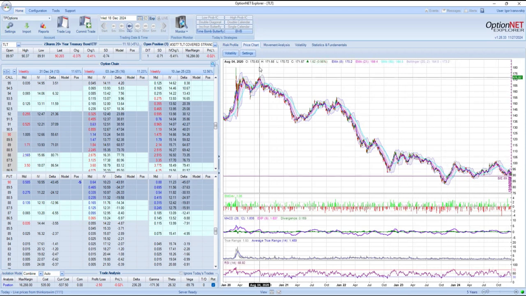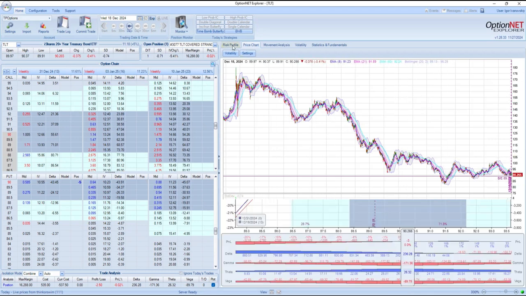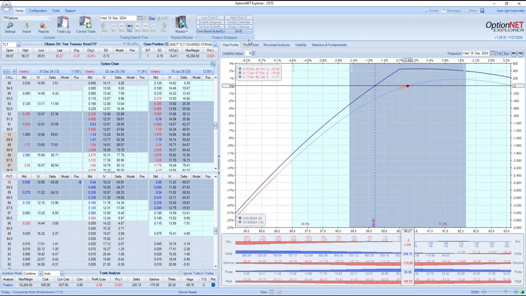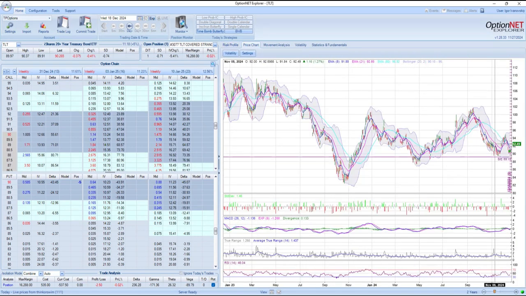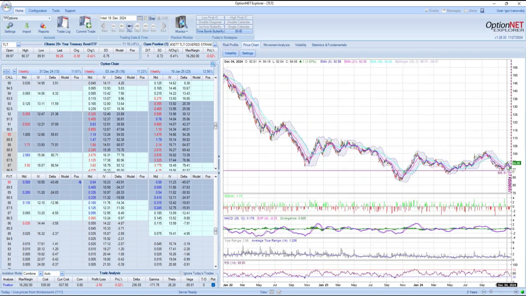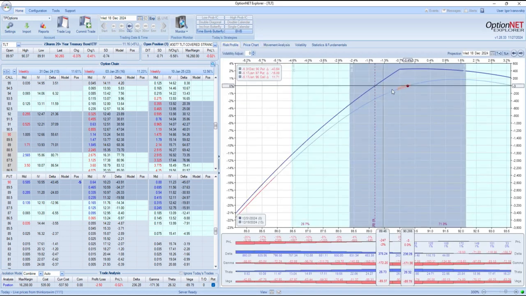So I think the downside is not as great, but you have to assume that if things continue to roll lower, you have to have capital where you're potentially going to buy more shares. Maybe you bought them at 90, maybe you'll buy more at 80, at 60. I don't know, but I don't think TLT is going to zero.